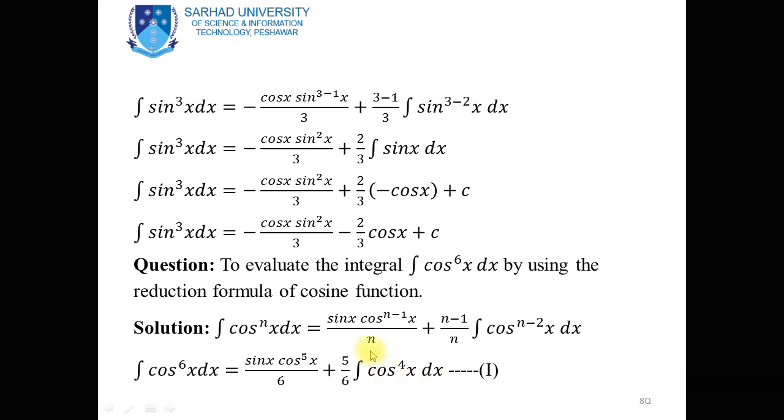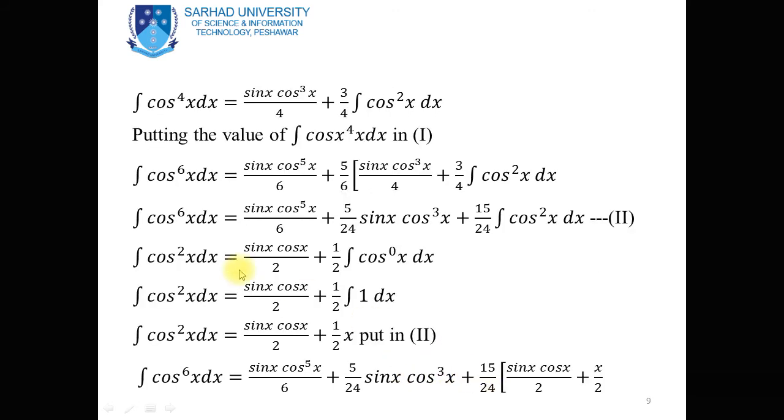In this equation number 1, we can evaluate integration of cos x power 4 with respect to x by using the reduction formula again. So the integration of cos x whole power 4 with respect to x will be equal to sine x into cos cube x divided by 4 plus 3 by 4 integration of cos square x with respect to x.